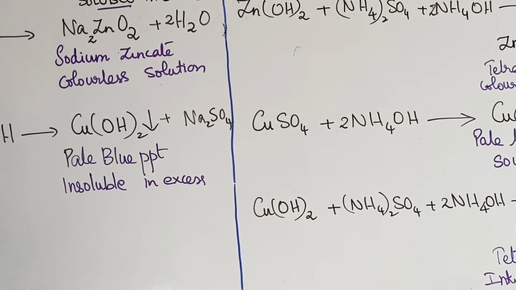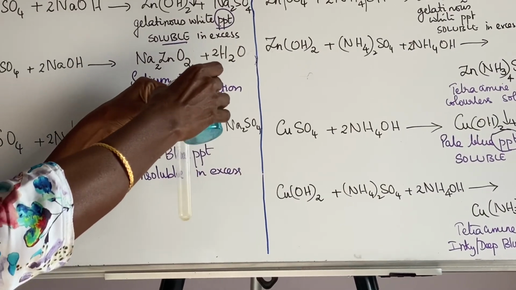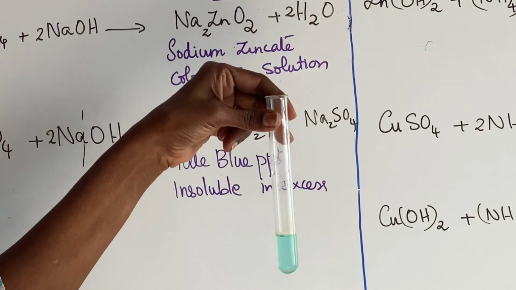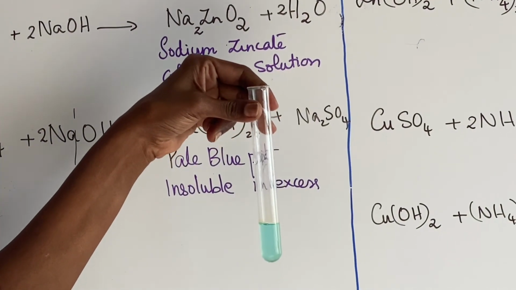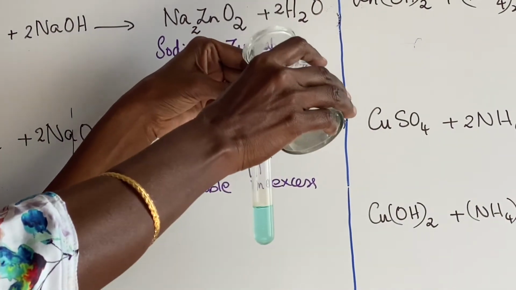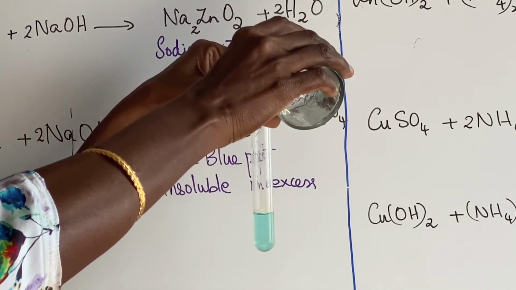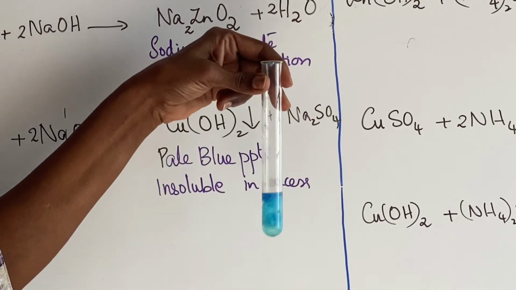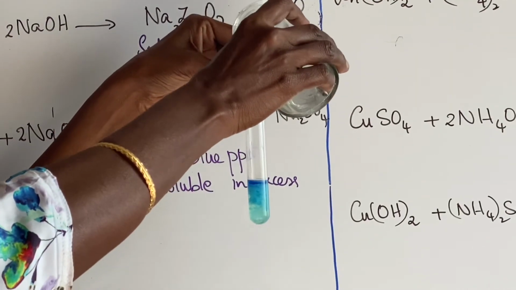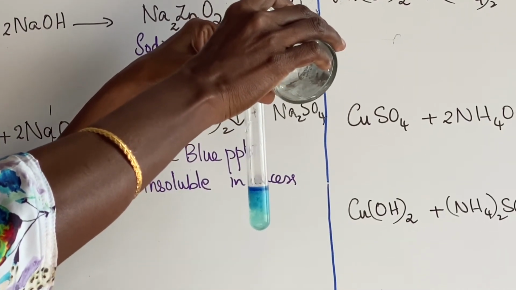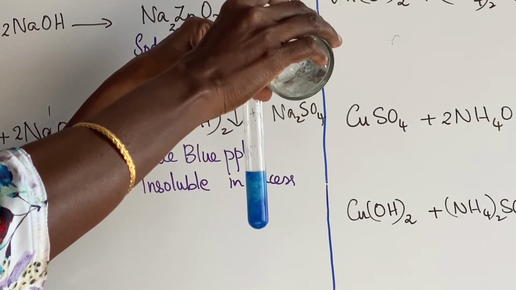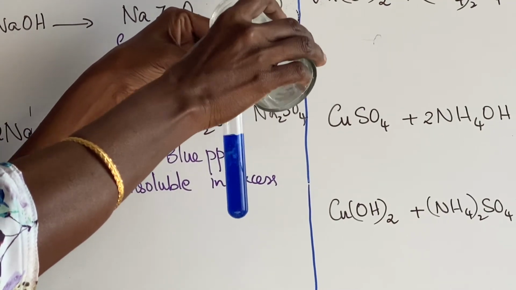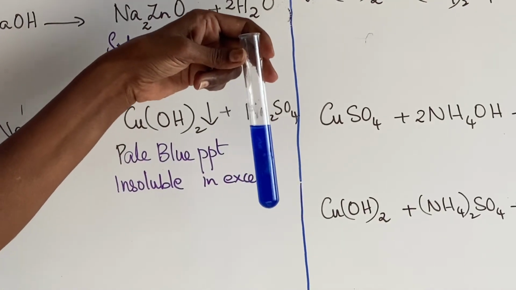Now if I take the same copper sulphate solution, okay, and I add ammonium hydroxide solution to this, I get a pale blue precipitate, and as I start adding more, see the precipitate starts dissolving and you get a dark blue solution.